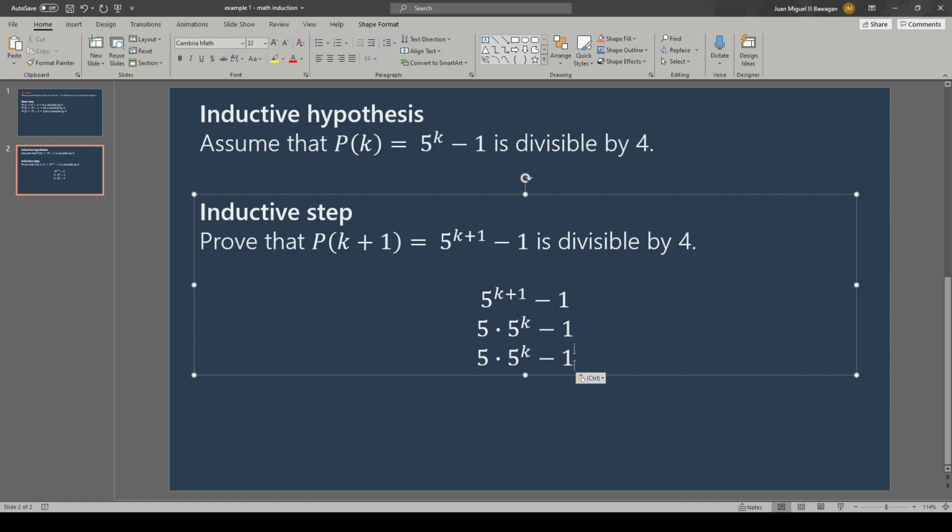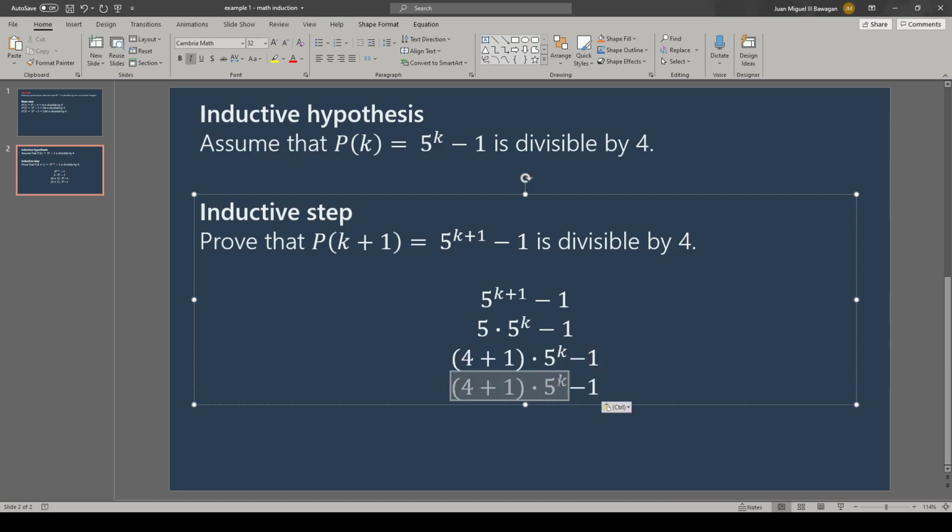What we could do here is, how about we manipulate 5 here? So instead of 5, we write 4 plus 1. So the quantity 4 plus 1 times 5 raised to k. And then we multiply 5 raised to k to 4 and 5 raised to k to 1. So let's do that.